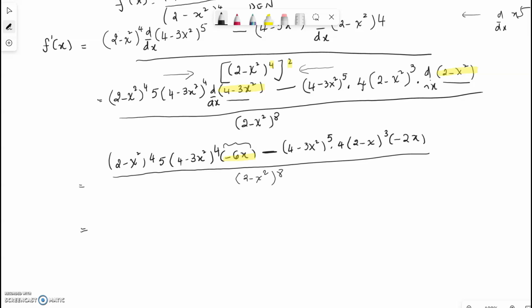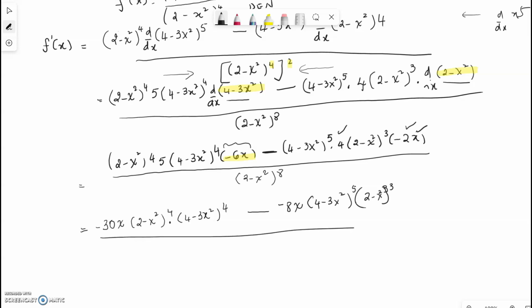So negative 6 times 5 is negative 30x, and then we rewrite whatever remains, so that's 2 minus x squared to the 4th power times 4 minus 3x squared to the 4th power, minus the 4 and the negative 2 is a negative 8, and then we have the x, and 4 minus 3x squared to the 5th power times 2 minus x squared the whole cubed, the whole divided by 2 minus x squared to the 8th power.